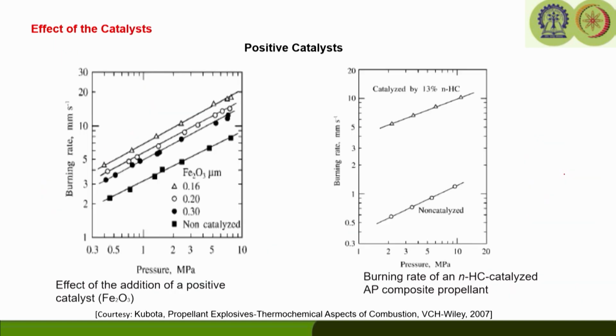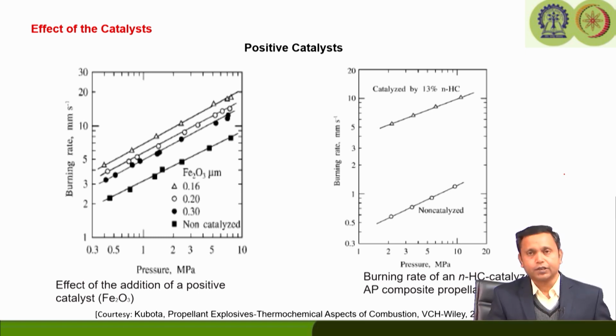Now, coming to the other influencing parameter, which is the catalyst. As I said, catalysts may be of two types. One is the positive catalyst, which can increase the burn rate, and the other is the catalyst which can decrease the burn rate, called the negative catalyst. Catalysts are burn rate modifiers.